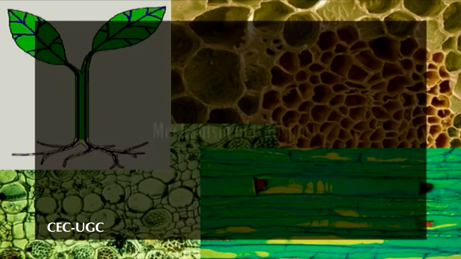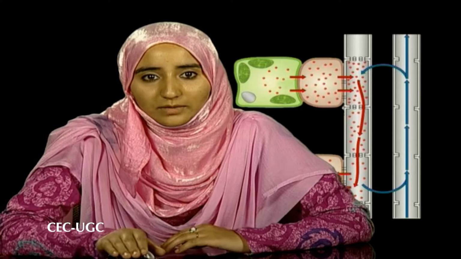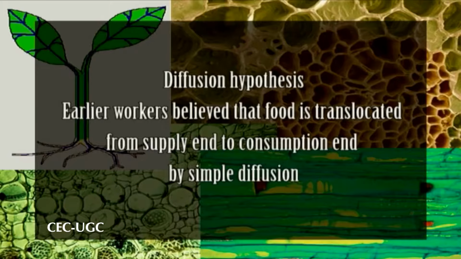Now the mechanism of phloem transport. Several theories have been proposed to explain the mechanism of food translocation. Some of them are the diffusion hypothesis. Earlier workers believed that food is translocated from supply end to the consumption end by simple diffusion.